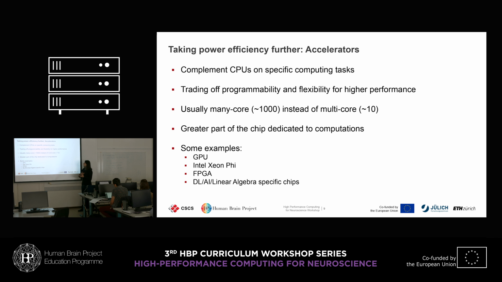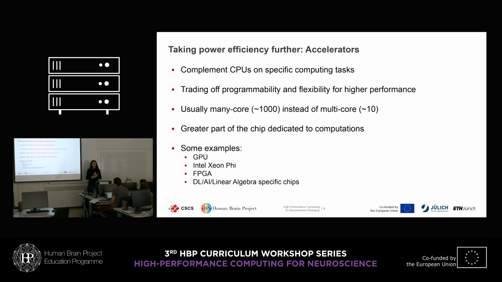Some examples of accelerators: the poster children are undeniably GPUs, especially NVIDIA GPUs. You may have heard them used as accelerators. Eureka here also has a partition with some GPUs. You may have heard also of the Intel Xeon Phi, a many-core processor or coprocessor from Intel. Now it's discontinued.